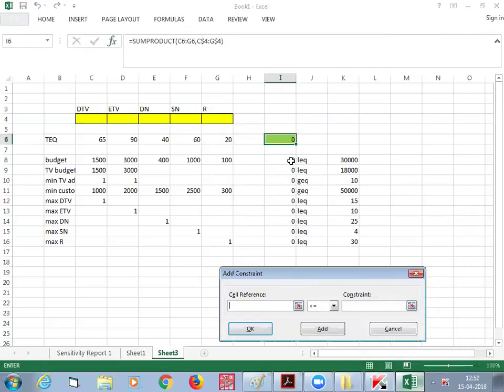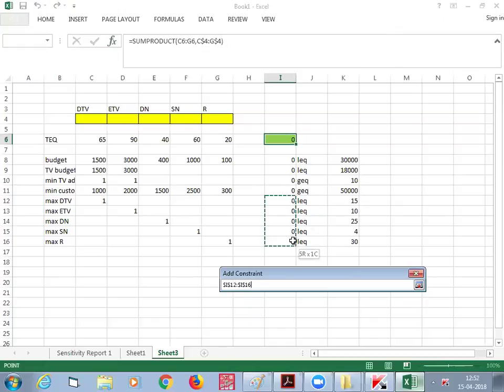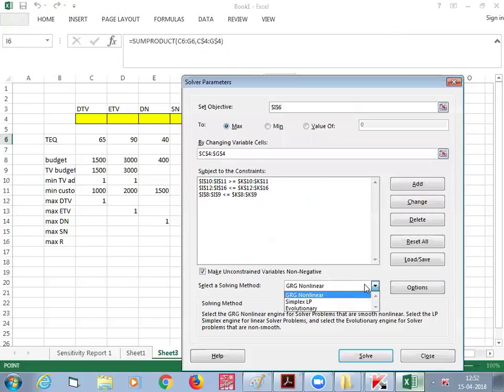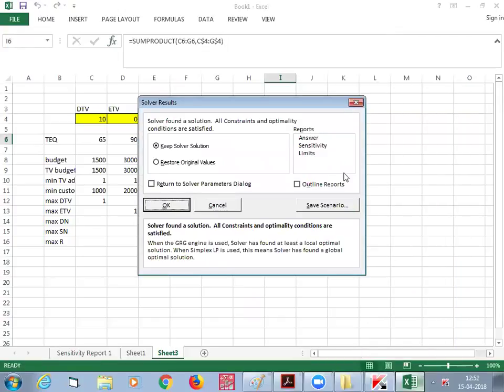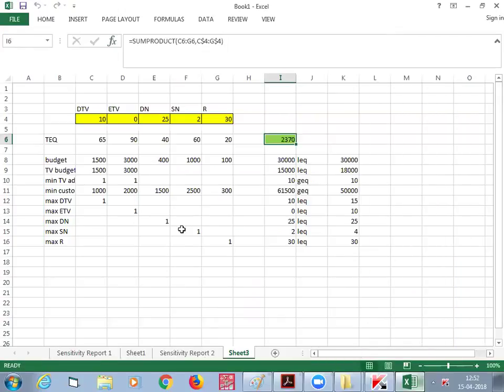First two are less than or equal to these two. Next two are greater than or equal to these two. And last 5 are less than or equal to these 5. All right, and we have our solution.